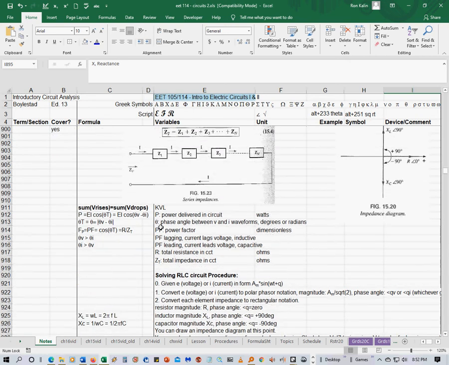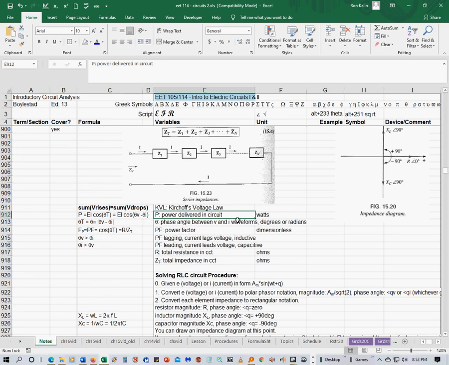same formulas as we learned in DC circuits apply to AC circuits. You have KVL, which is Kirchhoff's voltage law, which is the sum of the voltage rises in a loop equals the sum of the voltage drops.